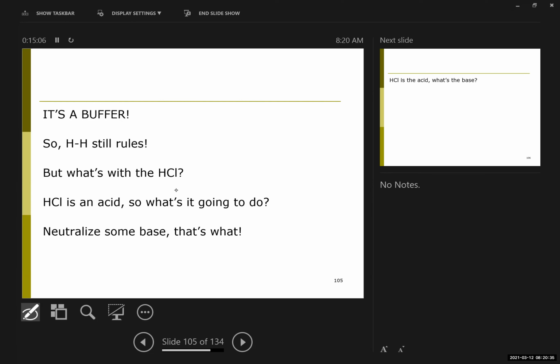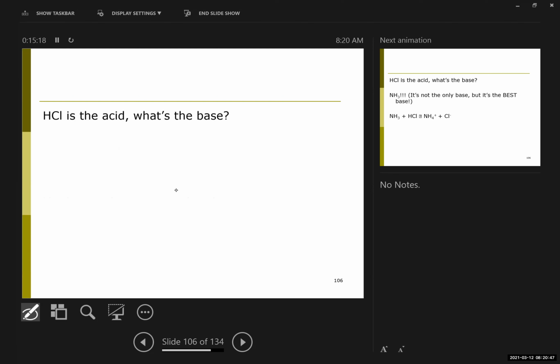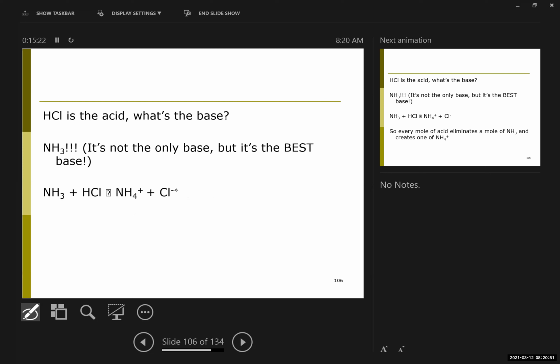And so essentially, this is again just a mixture of acids and bases. And so I want to treat it the same way I treat all of my mixtures of acids and bases, which is essentially to make a list of my acids, a list of my bases, and react them all.